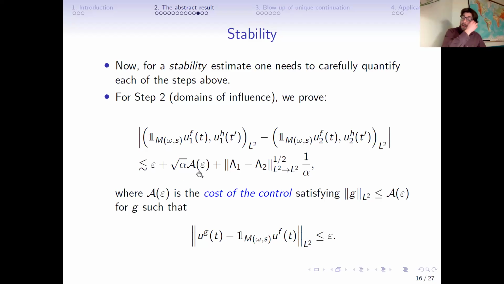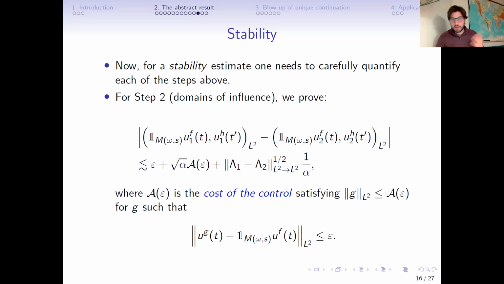But it turns out that what is really important when you want to quantify each of those steps is that you need to know how violently your control explodes. And this is exactly what in control theory you call the cost of the control.